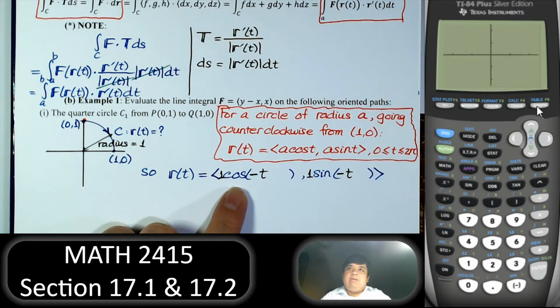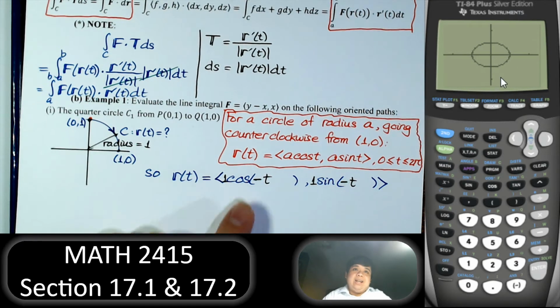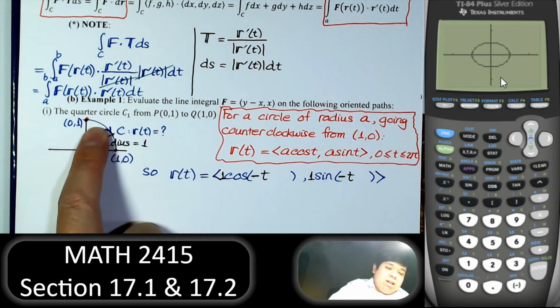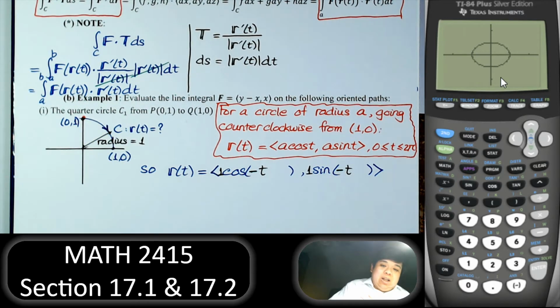Notice the graph. It certainly goes clockwise, which is good, but it's not at the point we want. So we have to go back about 90 degrees. If we want to go back, do we add pi over 2 or subtract pi over 2?